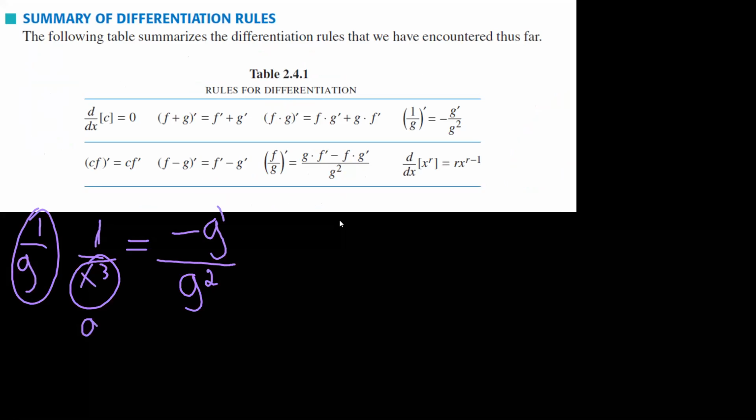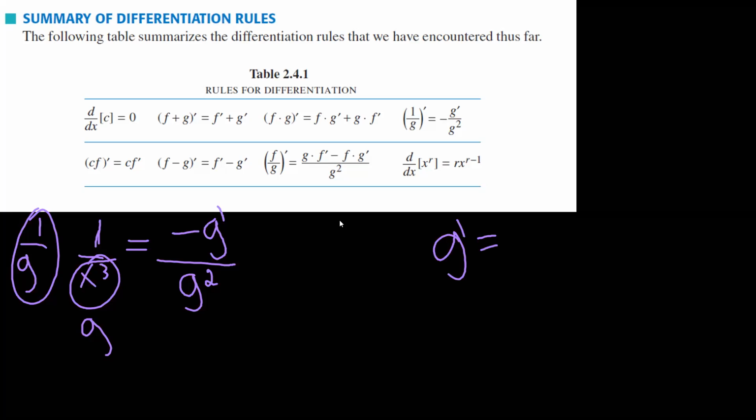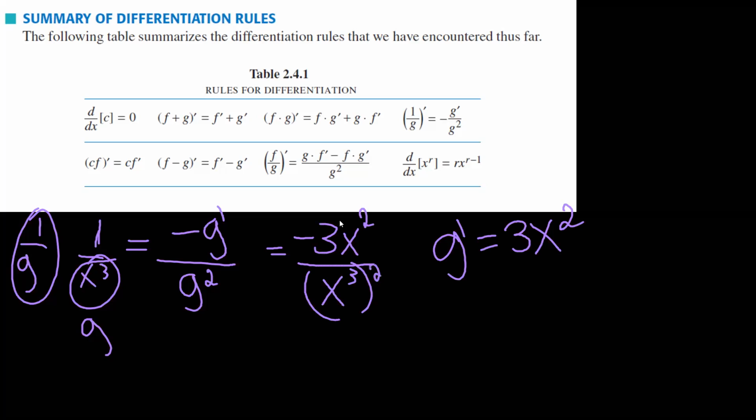This is g. So the first step, I have to find g prime. What is the derivative of x cubed? It is 3x squared. So I will write negative g prime, that means negative 3x squared over g squared. Where is g? It is x cubed, so x cubed squared.